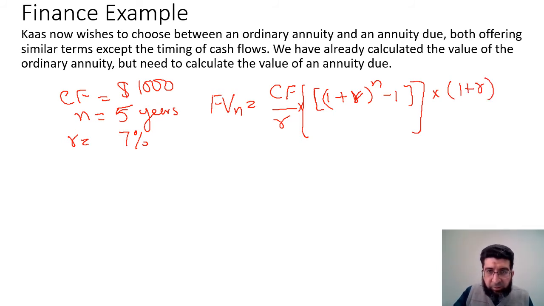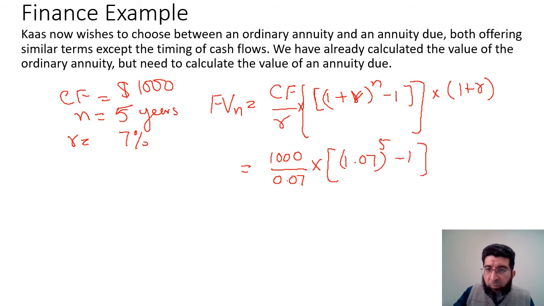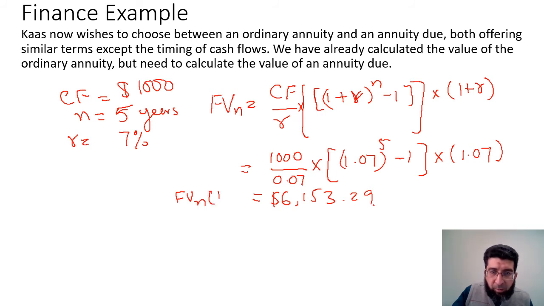So we have 1000 over 0.07, multiplied by 1.07 raised to power 5 minus 1, and then multiplied by 1.07, and that will give us the answer of $6,153.29. This is the future value of annuity due.